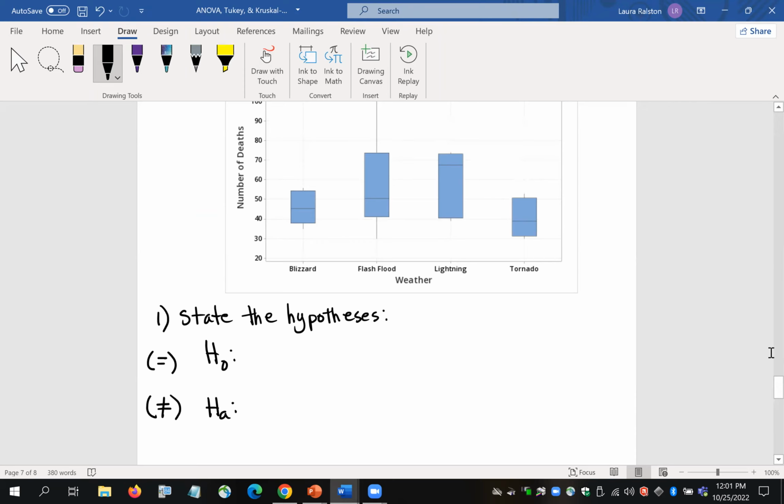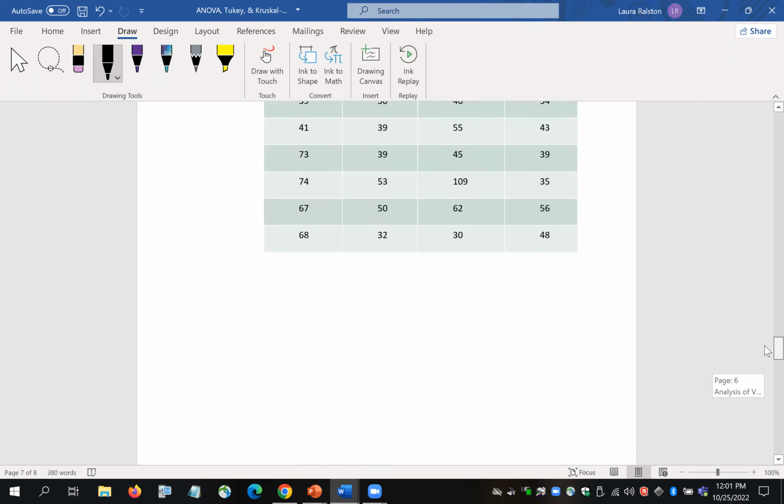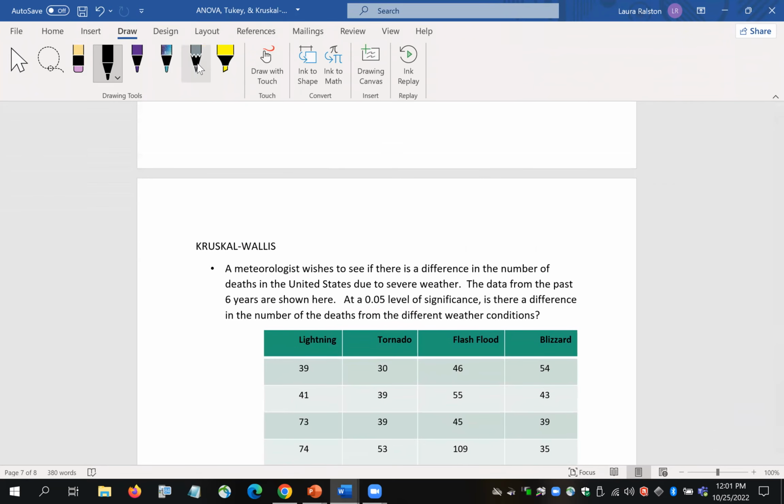So if I go back up here to my problem and read it again, it says, is there a difference in the number of deaths from the different weather conditions? Notice in this problem that it says, is there a difference? It doesn't have the word mean in it either.